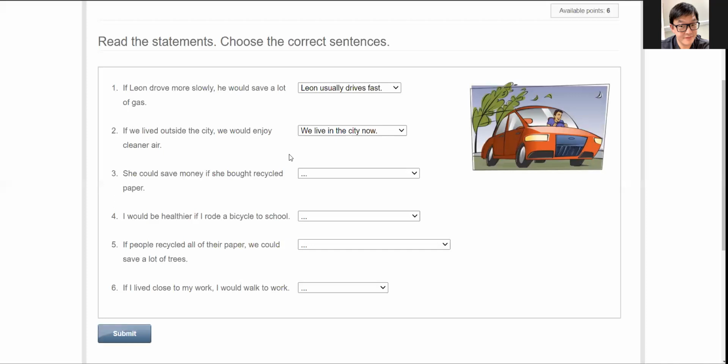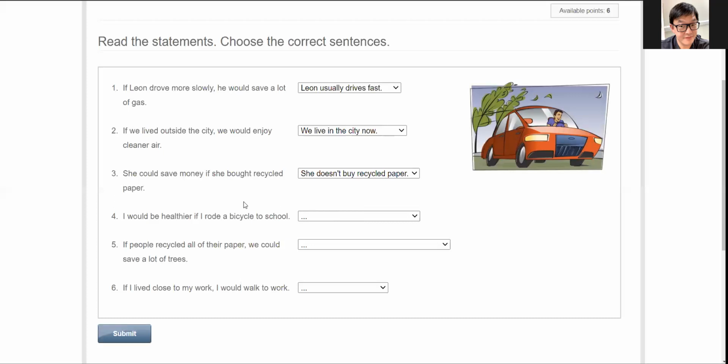Exercises are not that difficult, but it's important for you to pay attention and practice, okay? Sentence 3. She could save money if she bought recycled paper. She often buys recycled paper. She doesn't buy recycled paper. And the correct answer is, she doesn't buy recycled paper. Letter B.